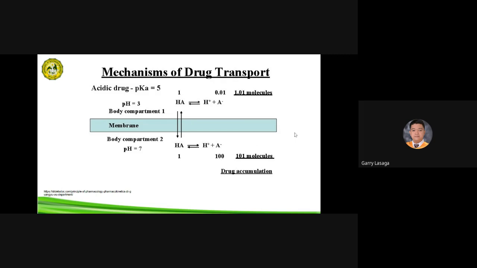So for example nito, halimbawa ito ay stomach, ito naman ay intestine. So because the stomach is acidic, an acidic drug will be absorbed in the stomach. Because the intestine is basic, the acidic drug will be trapped, or will accumulate in the intestine.